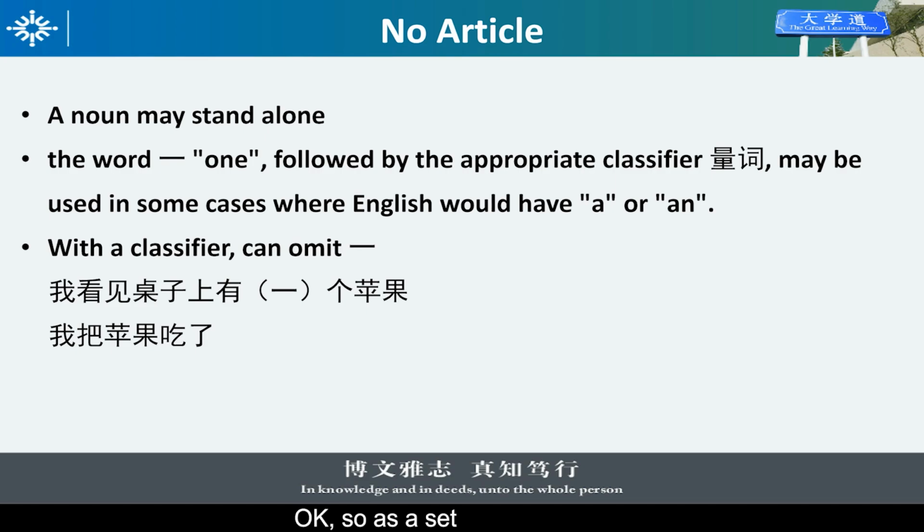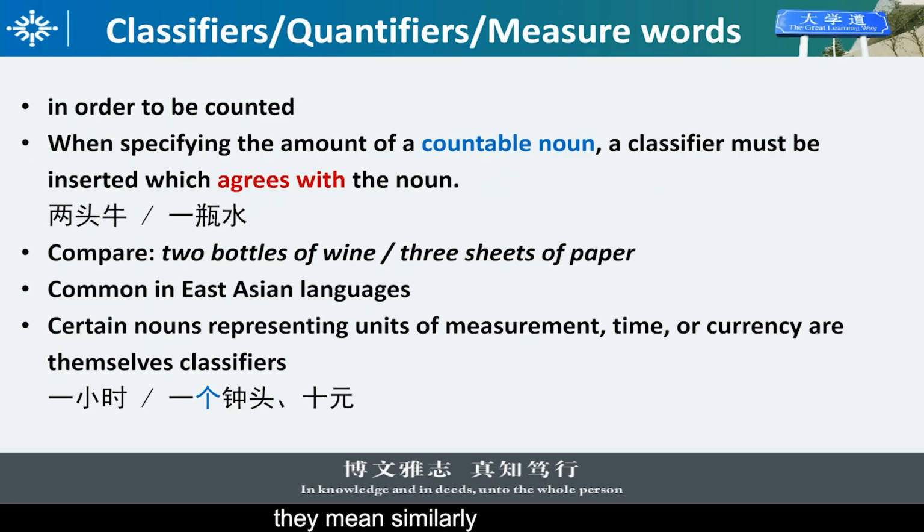Okay, so as I said, classifier or quantifier or measure words, they mean similarly, and they're very important in Chinese language. And the purpose of them is in order to be counted. So you need to use such words before noun in order to count them. Okay, so when specifying an amount of a countable noun, a classifier must be inserted which agrees with the noun.